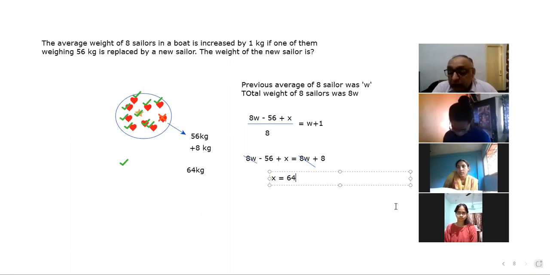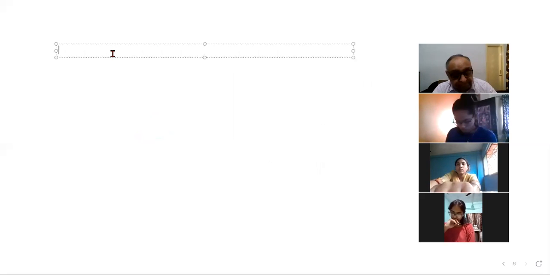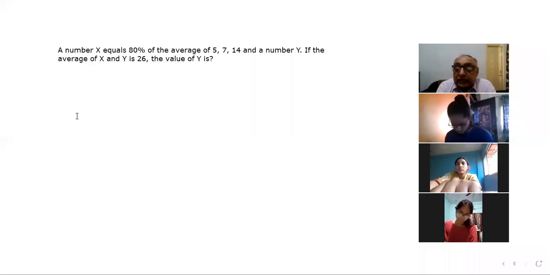The next question. Let me take one more question for solution here. A number X equals 80% of the average of 5, 7, 14 and a number Y. If the average of X and Y is 26, the value of Y is.